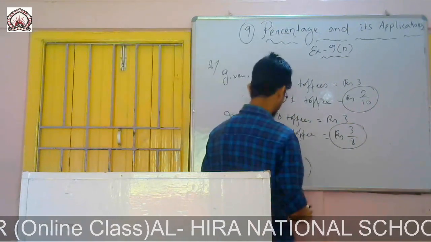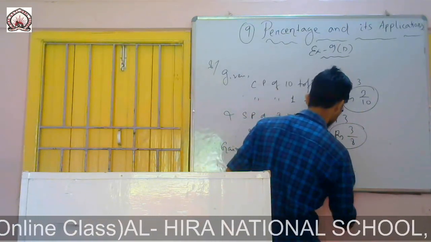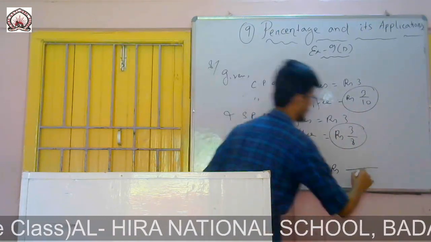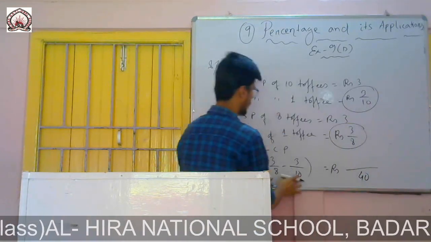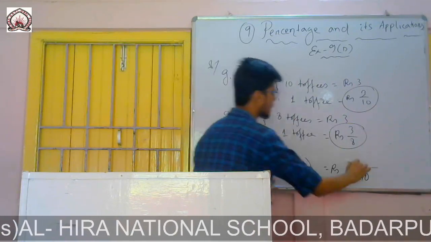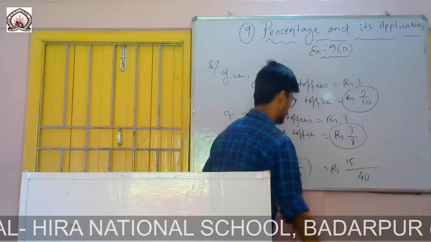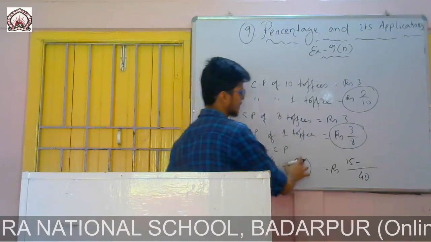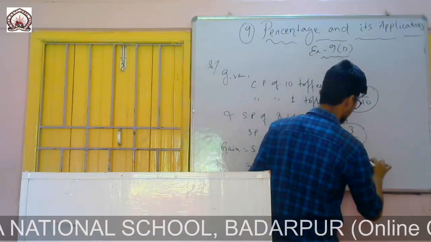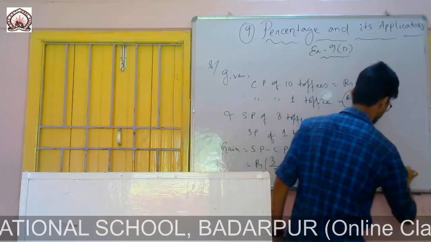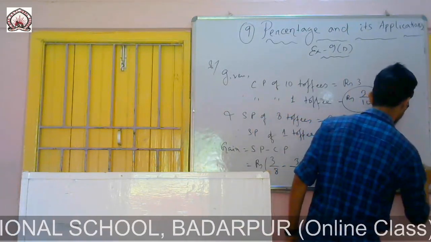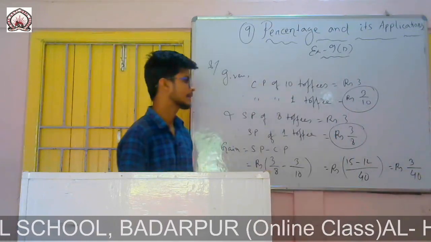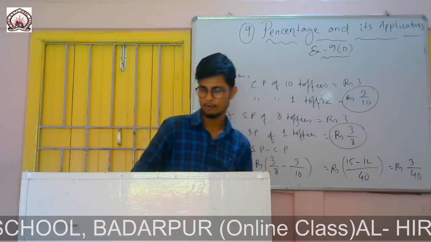If I take the LCM of 8 and 10, it is 40. 8 5s are 40, 5 3s are 15, minus 10 4s are 40, 4 3s are 12. That means the answer is rupees 3 by 40. So this is the gain. Gain is 3 by 40.